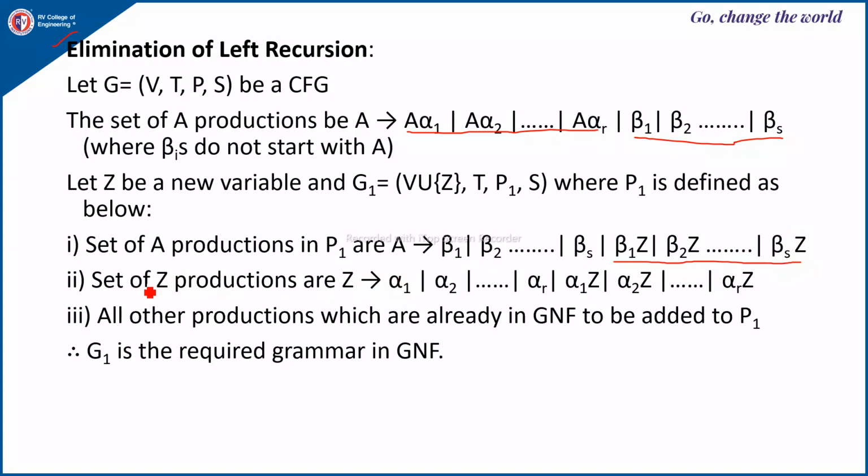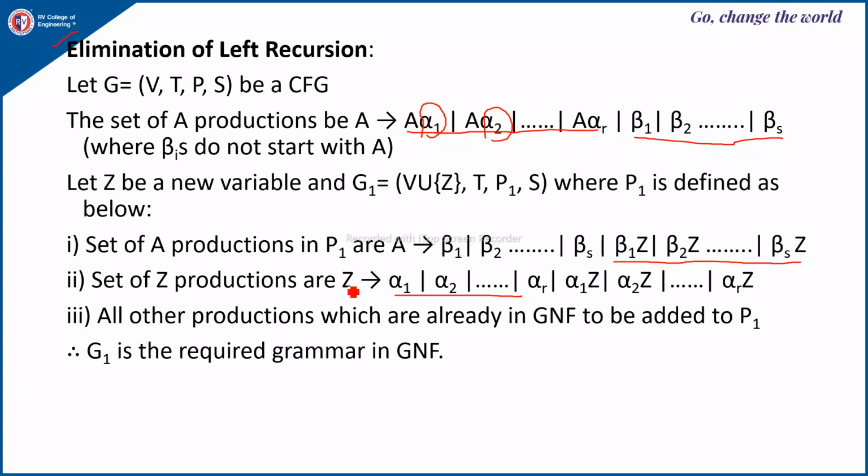So what is this Z production? I will add it in step 2, that is, Z derives alpha 1, alpha 2, ..., alpha r. What are these alpha 1, alpha 2, alpha r? These come from the A productions which contain left recursion, excluding the first symbol; the remaining part is alpha 1.